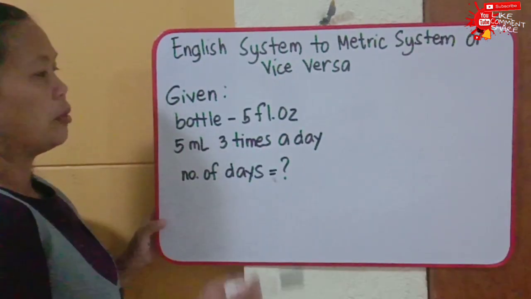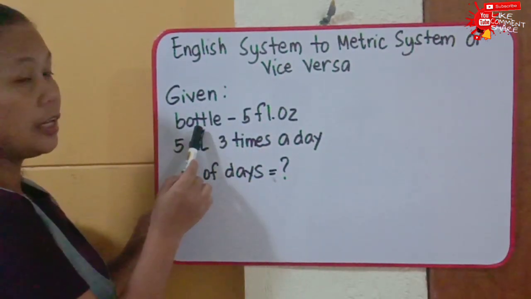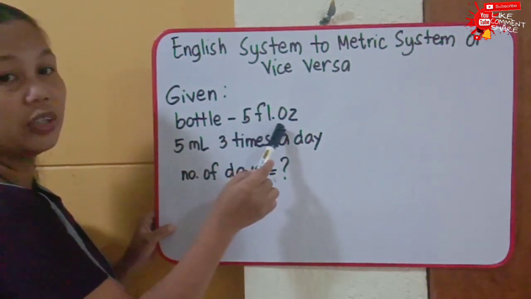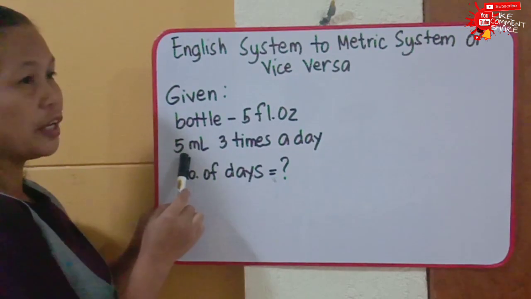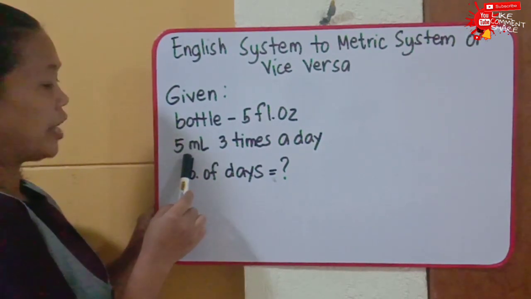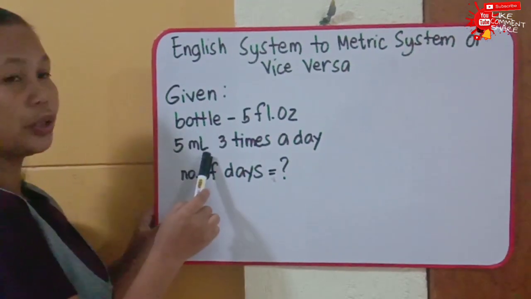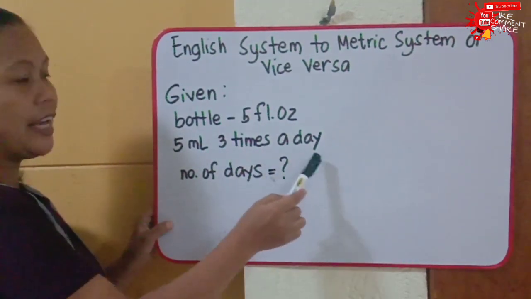Based on the problem, we are given here the capacity of the bottle of medicine is 5 fluid ounces. Then the doctor prescribed that the person will drink 5 milliliters 3 times a day.